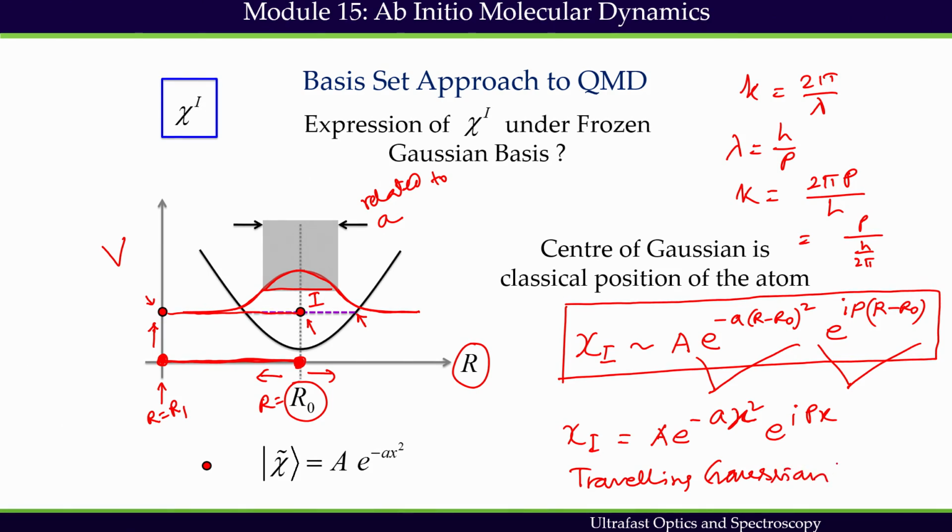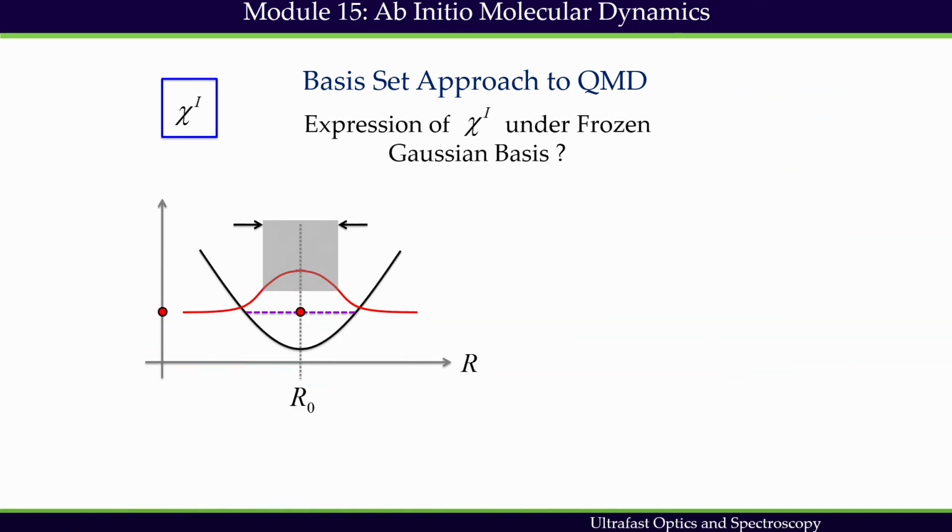Each nucleus, the ith nucleus, can be expressed in terms of a traveling Gaussian, so this a should have a subscript i, and p should have a subscript i as well, because it is associated with the ith nucleus. We can definitely normalize this kind of function. So we are taking the nuclear wave function in this form, e to the power minus a x squared times e to the power i p x.